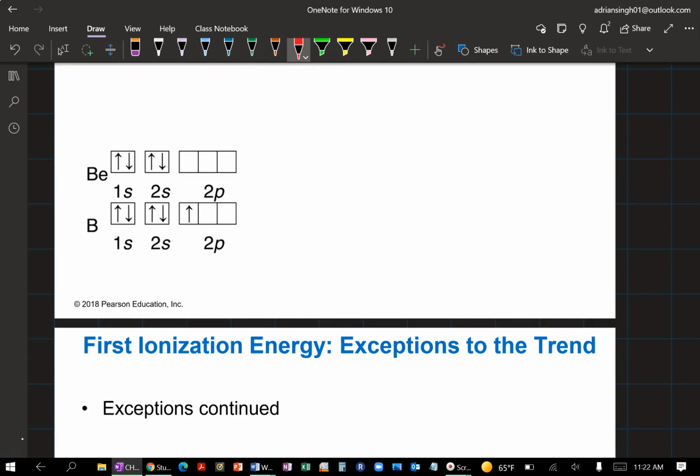If we talk about the ionization energy for beryllium, we're looking to see how much energy we need to remove this electron, compared to the amount of energy needed to remove that electron in boron. That's the ionization energy that we're comparing.